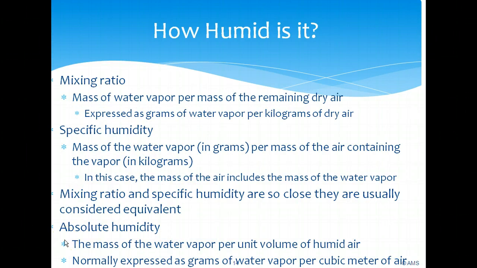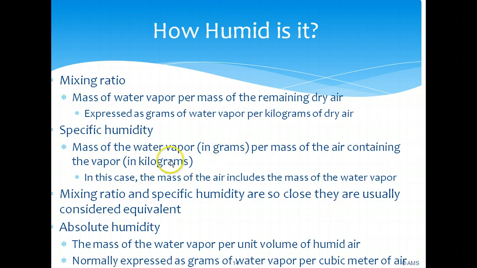Other ways of quantifying humidity are the mixing ratio, the specific humidity, and the absolute humidity. As we can see, the mixing ratio and specific humidity are basically grams per kilograms of air in both cases.